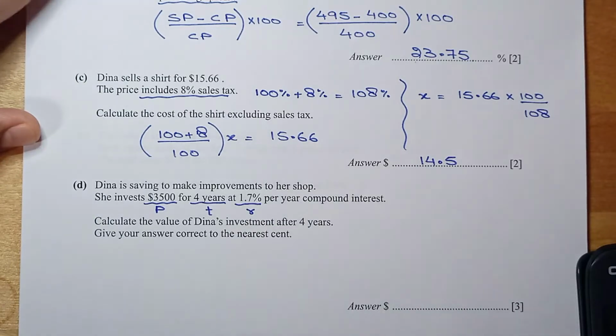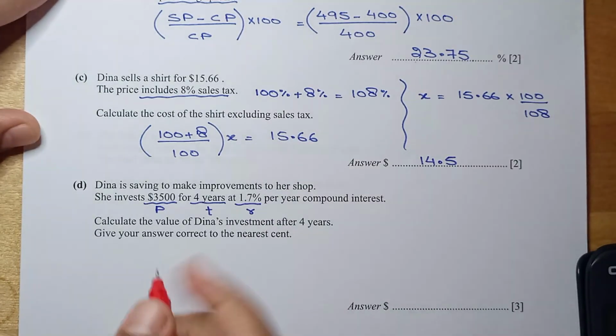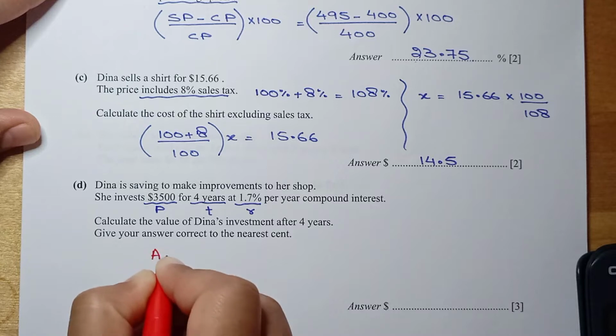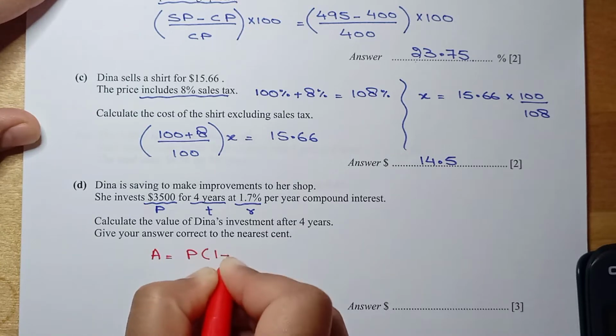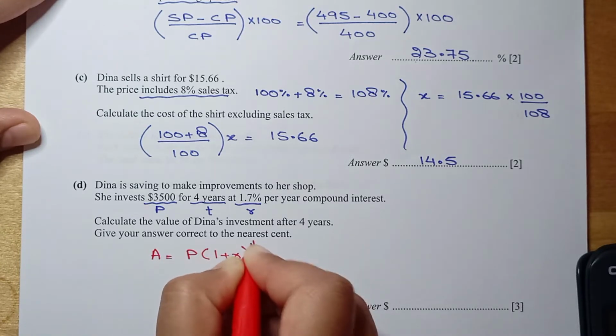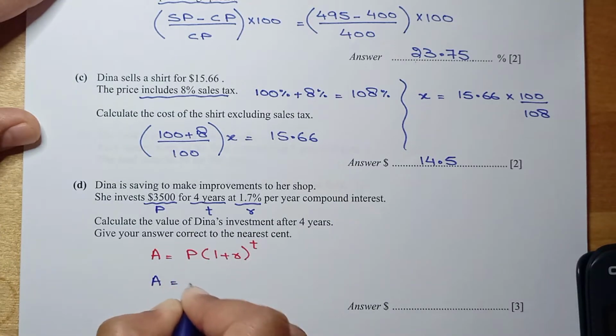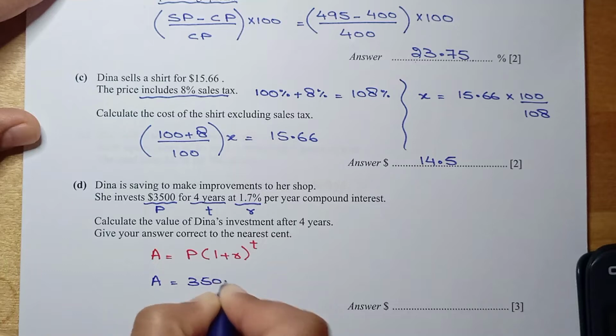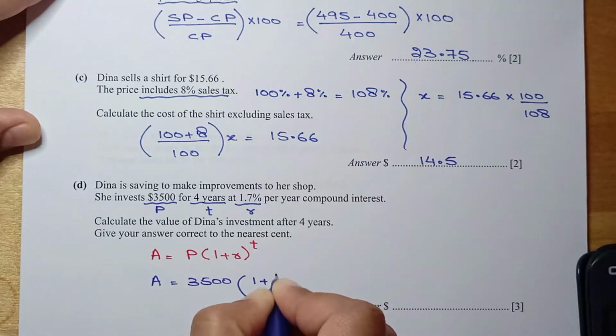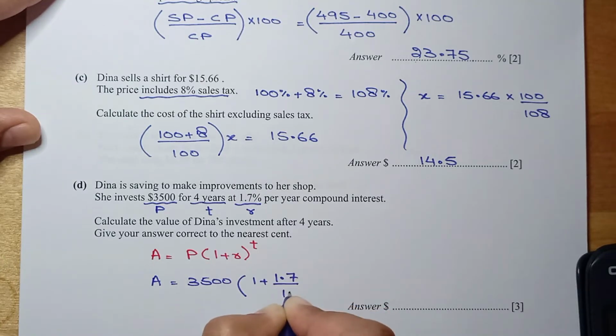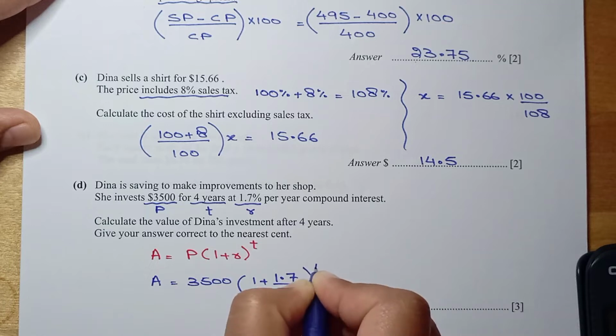Okay, so it is a compound interest. So we need to use the formula for compound interest. A equals P times (1 plus R) exponent T. Okay, so we need to find the amount. Principal is 3,500 times (1 plus interest rate 7.1%) with exponent time 4 years.